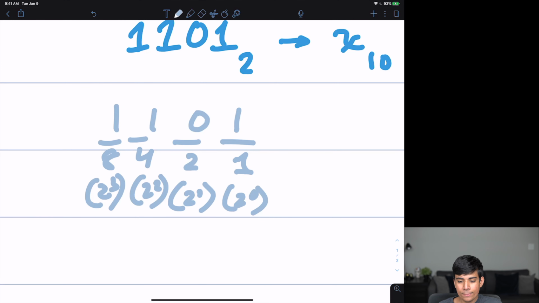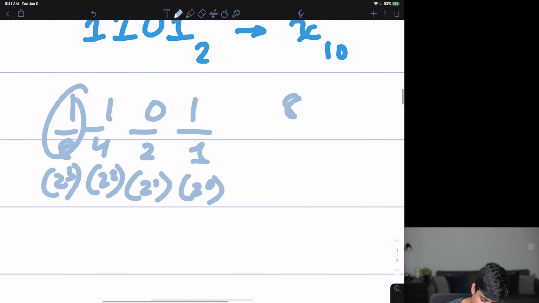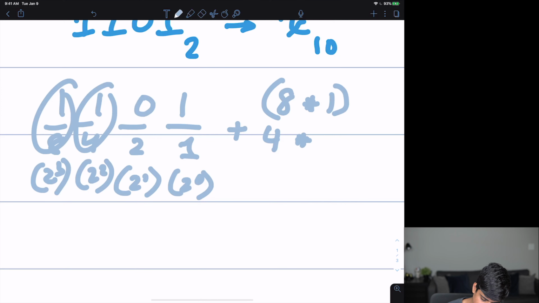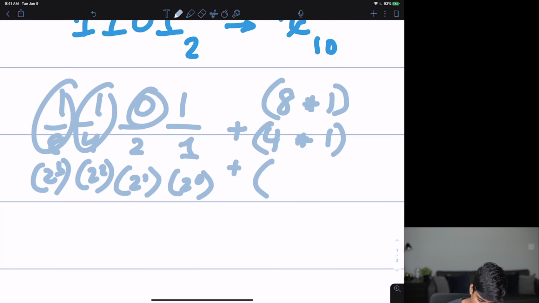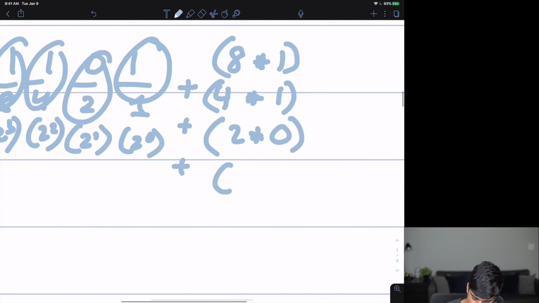And now I can simply multiply and add my numbers. I can take 8 times 1, plus 4 times 1, plus 2 times 0, plus 1 times 1.